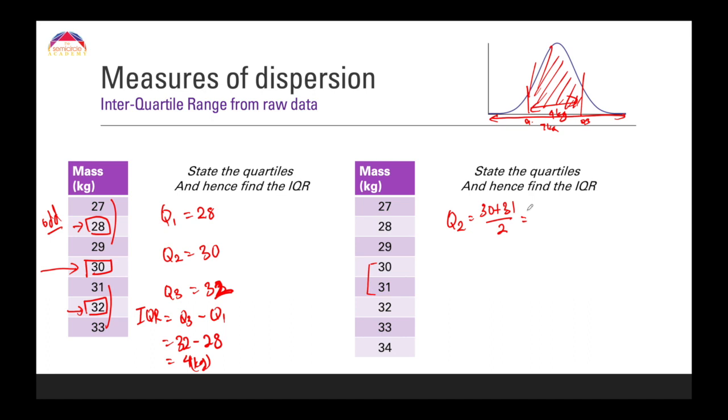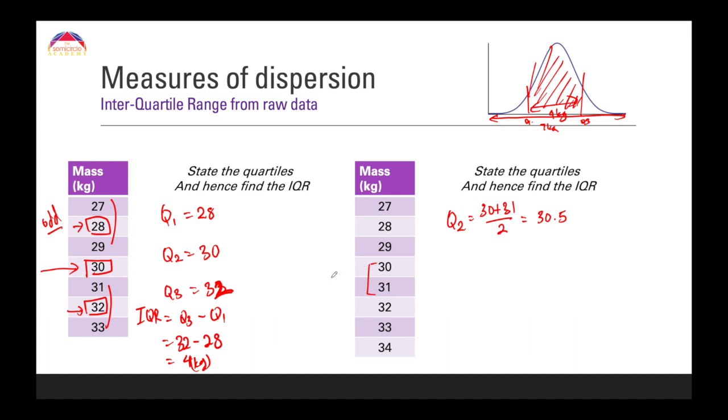That is what I'm supposed to do, right? So 30 plus 31 divided by 2 is 30.5. So in this case, my Q2 is 30.5, right?